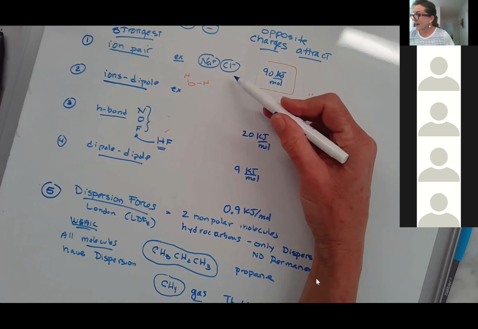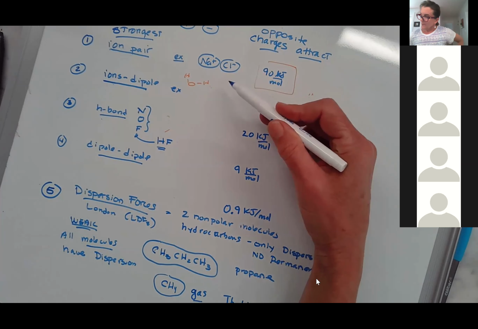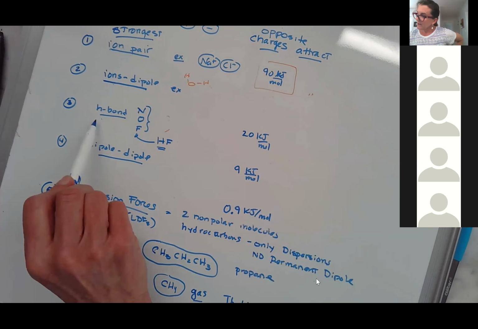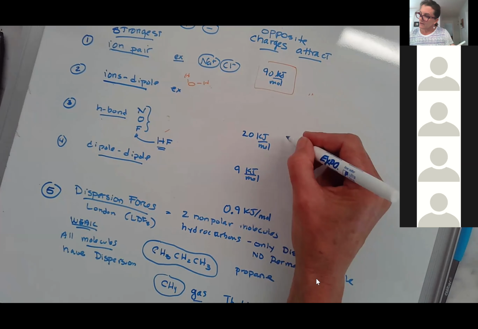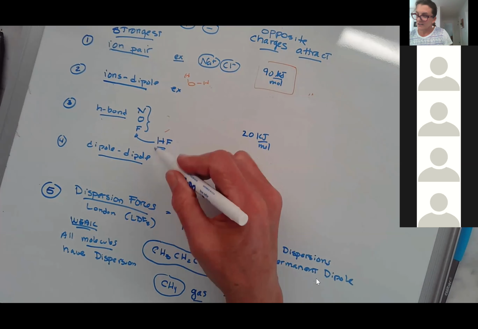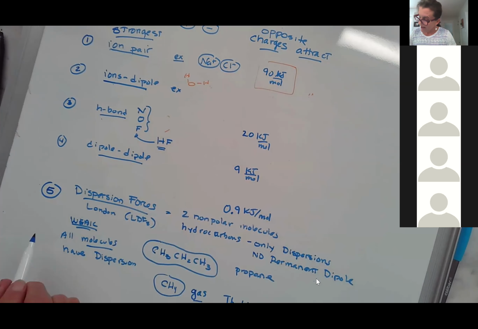They're there, but they're not significant. The vast majority of what keeps the ions together is the ion pair. And my water has dipole-dipole interactions, it has hydrogen bonding, and it has dispersion forces, because everything has dispersion forces.